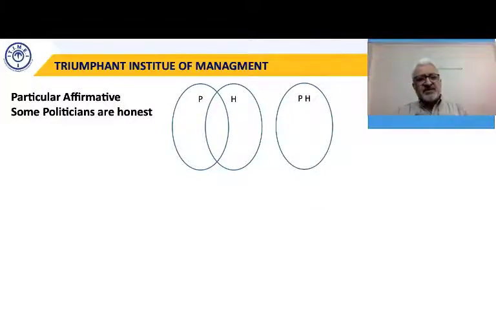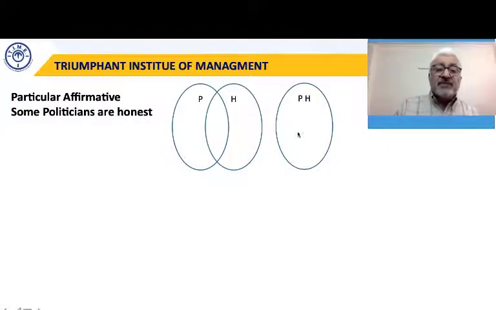Here politicians and honest completely overlap. If they are completely overlapping each other, then one will also be overlapped with the other. Therefore, this should also be taken as a true representation of some politicians are honest. So this probably is the minimum overlap, and this could be the maximum overlap that we can talk about. I hope this is understood.